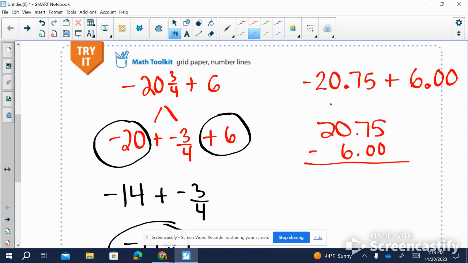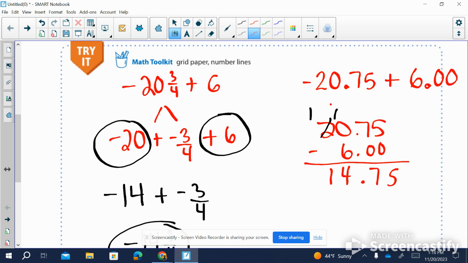We are going to subtract. 5 take away 0 is 5. 7 take away 0 is 7. I put that decimal right down there, right? It just goes straight down. Now, 0, nothing can be taken away from 0, so we're going to have to borrow. I'm going to borrow 10 wholes. So now I have 10 minus 6, and 10 minus 6 is 4, and then 1 minus nothing is 1.